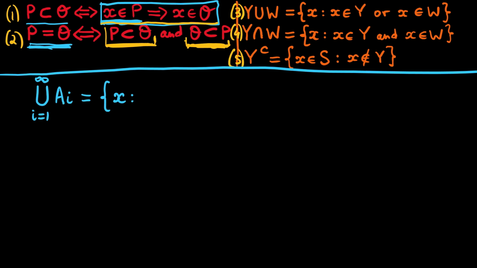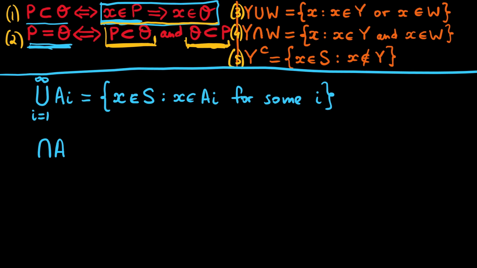Therefore, it will consist of the elements little x, for x in the sample space, of course, such that x is an element of A_i for some i. That's exactly what we said. There must be at least one A_i that x is a member of for it to be included in the union of all the A_i.